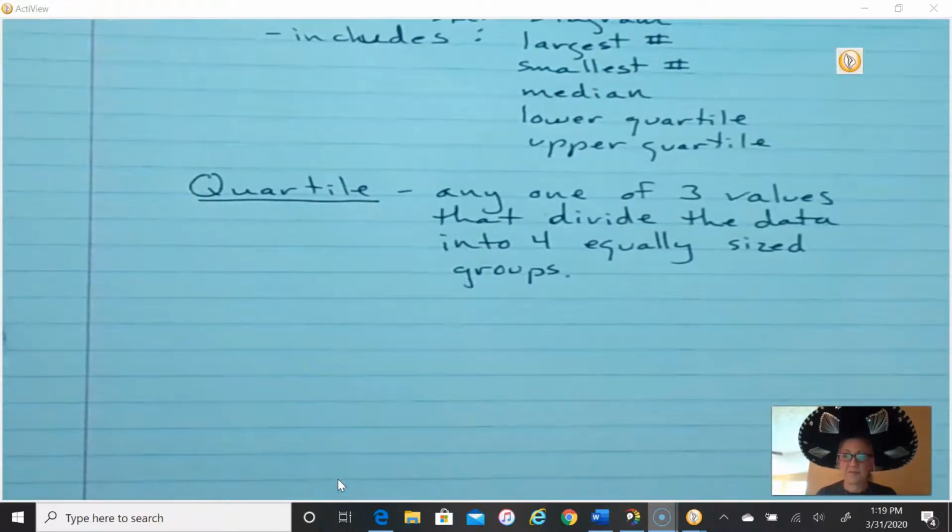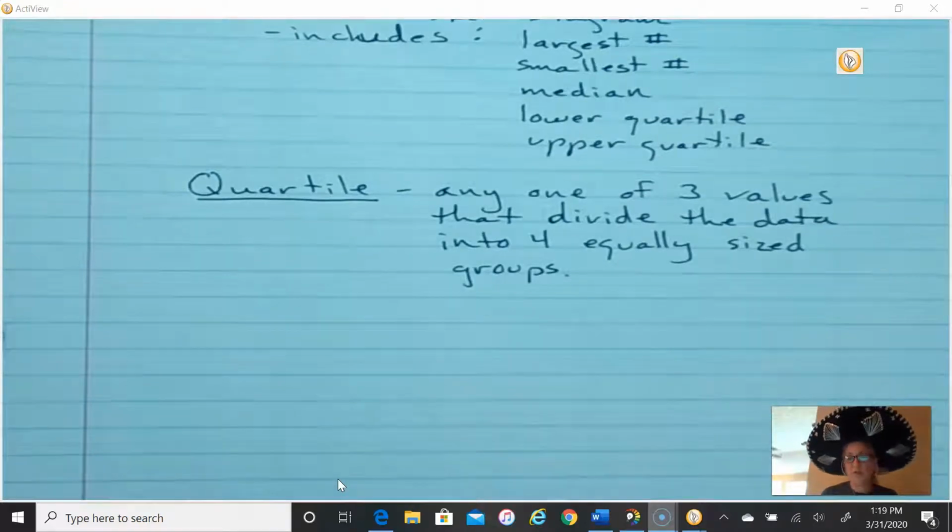Okay? Quartile, any one of 3 values that divide the data into 4 equally sized groups. I'll explain that to you.